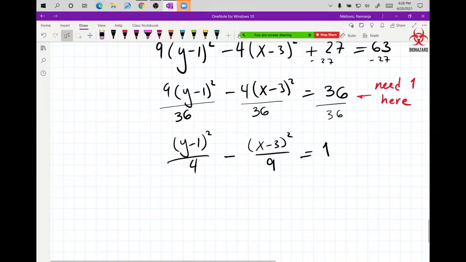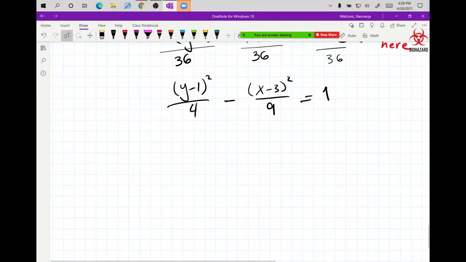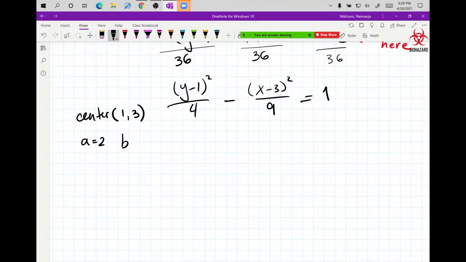Anyway, we are going to take a look at the hyperbola we get in this problem. We do have a center, right? Just by looking at it, you know it's (3, 1). And then we have that our a, which is associated with the first term, with the y. So a is equal to 2 and b is equal to 3.